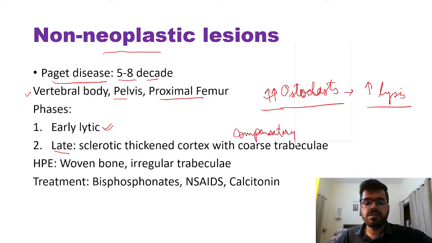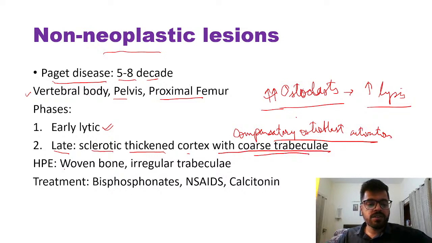In the late sclerotic phase, there is compensatory osteoblast activation, which leads to formation of a sclerosed thickened bone with coarse trabeculae. On histopathology, we see woven irregular bone which is not aligned according to the stress lines.